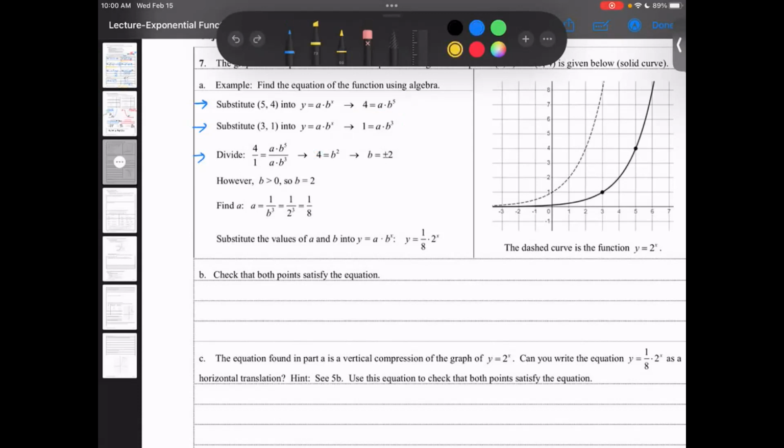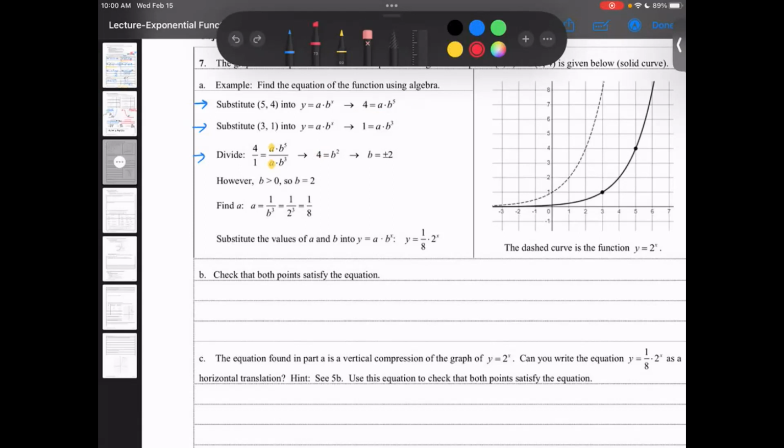On the right-hand side, the a and the a cancel, and b to the 5th over b to the 3rd leaves b squared. So now I have 4 equal b squared.